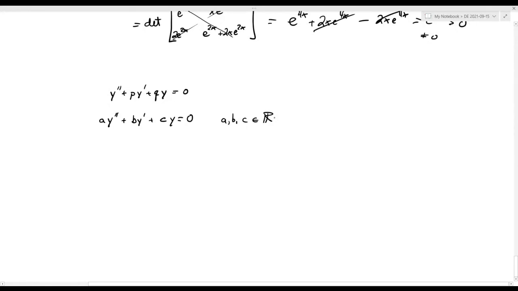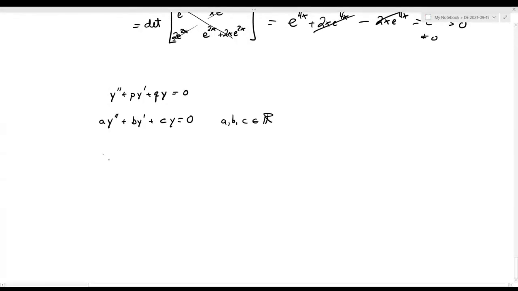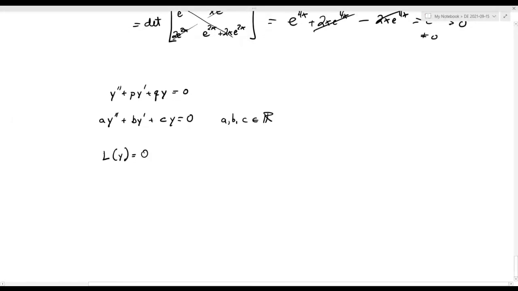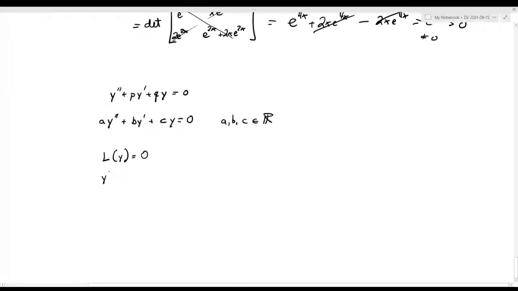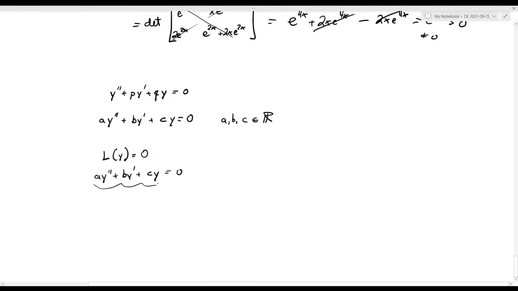How do we find solutions to this homogeneous equation? Well, if you have a linear operator on y equal to 0, and that linear operator consists of taking derivatives, so that's our linear operator on y, we're going to be interested in a function called an eigenfunction, right?